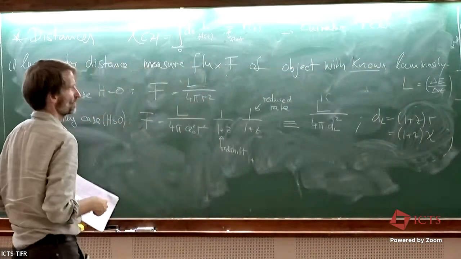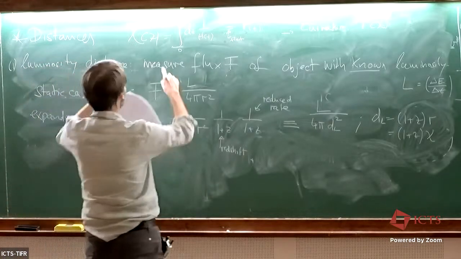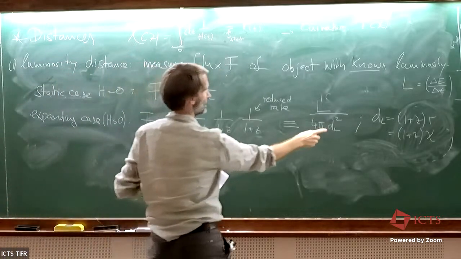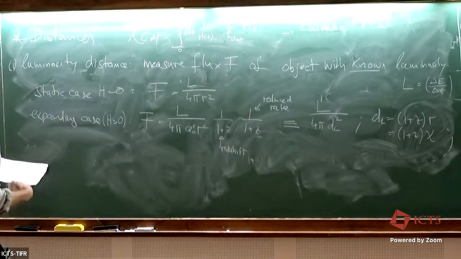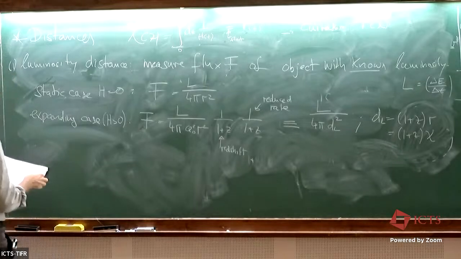So now the philosophy is the following one. We have a kind of theoretical expression for this luminosity distance in terms of the expansion history. But how do we proceed operationally?